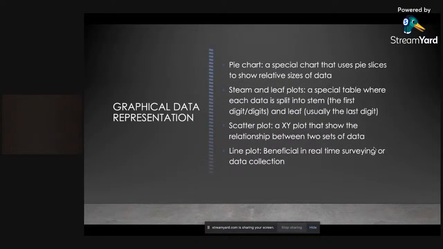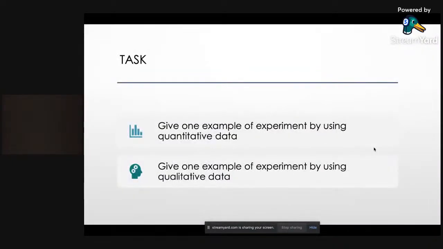A pie chart uses pie slices to show relative sizes of data. Stem and leaf plots are a special data table where each data is split into a stem, the first digit, and a leaf, usually the last digit. A scatter plot, the XY plot, shows the relationship between two sets of data. A line plot is beneficial in real-time surveying or data collection. So basically, you have to know the difference so that you know which graph to use to report in your final journal report.